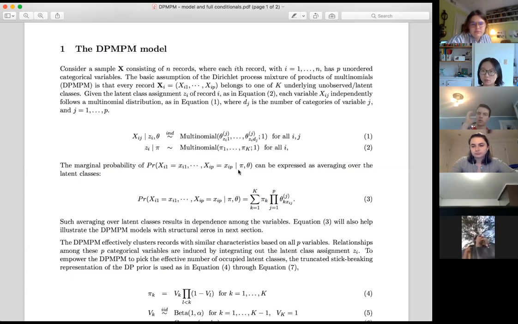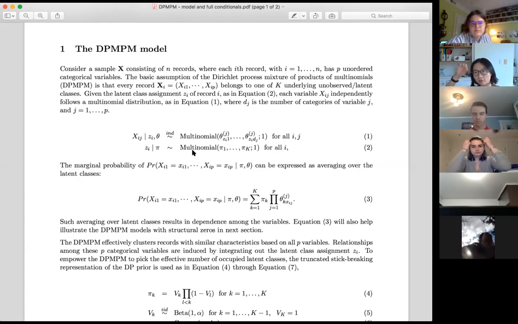But this kind of model is powerful in the sense that it can jointly model a lot of categorical variables at the same time, okay? And the setup is straightforward. You assume that each observation belongs to a latent class, and then, given that, conditionally independent, every variable follows a particular multinomial distribution. Yeah, Isaac, did you have a question?